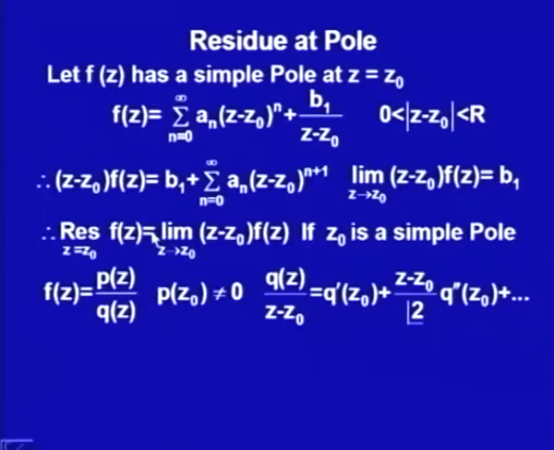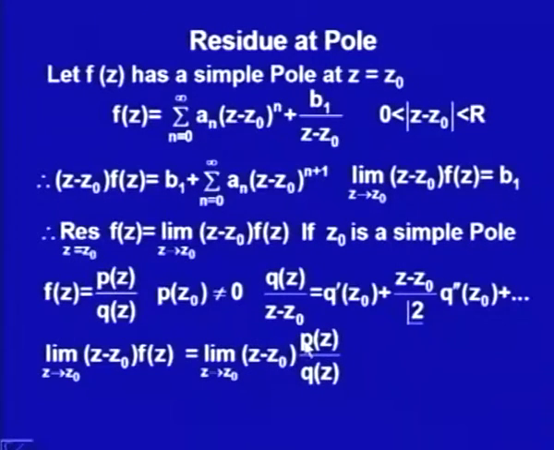Now, use the same result, that residue at z equal to z naught of f z is the limit as z approaches z naught of z minus z naught into f z. F z is here p z upon q z. So if I write z minus z naught times p z upon q z, it is simply p z upon (q z upon z minus z naught), and q z upon z minus z naught is q dash z naught, and so on. Now I take the limit as z approaches z naught.